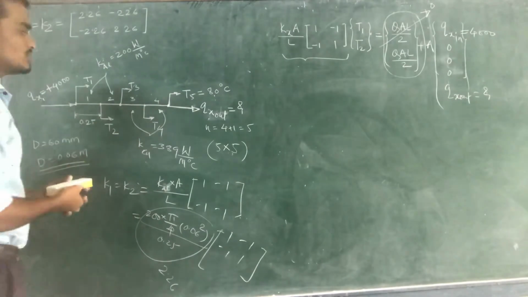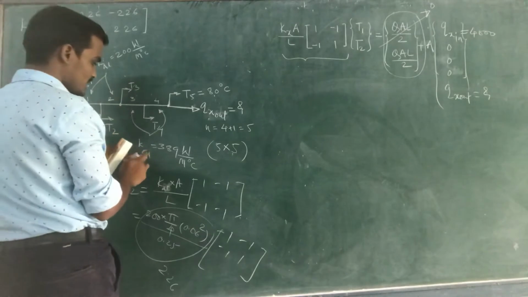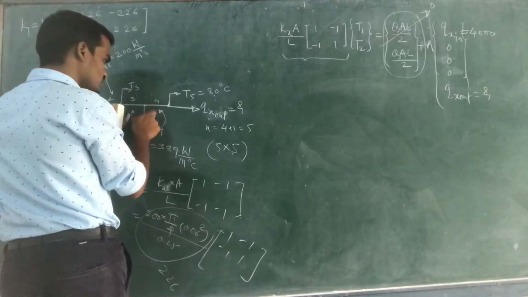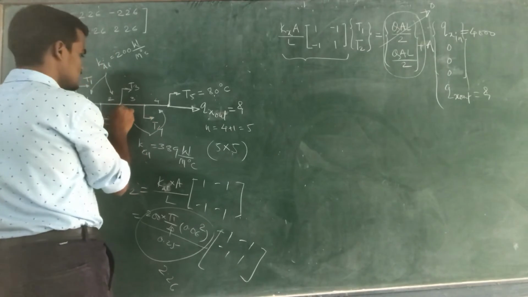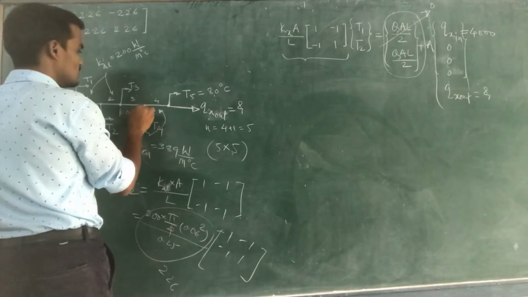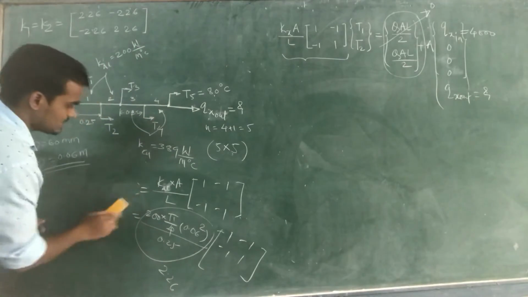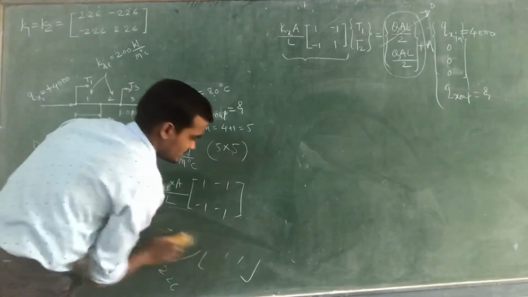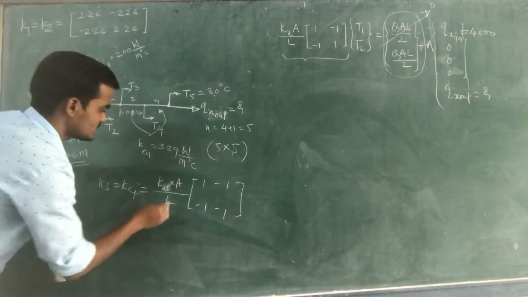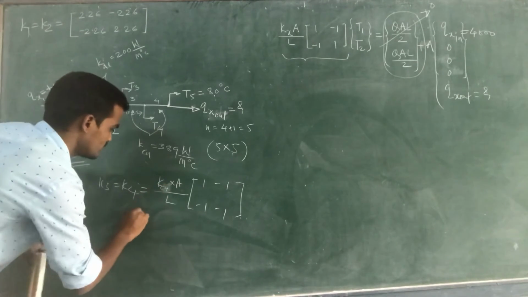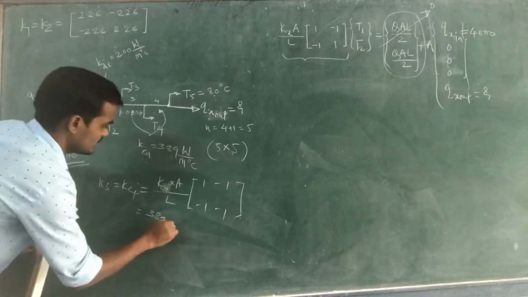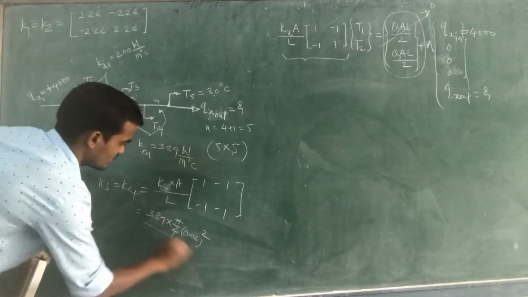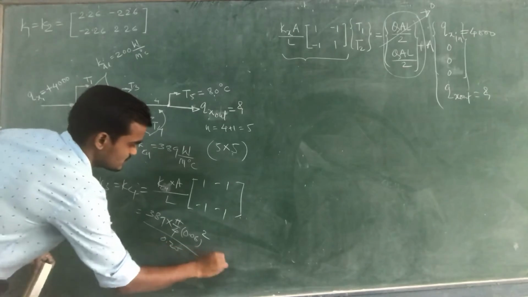Now for the third and fourth stiffness matrices, we have K copper is equal to 389. K copper is applied for both elements. Also the length of this element is the same, that is equal to 0.25. So if we calculate K3 and K4, K3 is equal to K4 is equal to... Now here the only change is that instead of aluminium, it will become copper. So it is equal to 389 into pi by 4, area is the same, 0.06 square, divided by length 0.25, into this matrix.